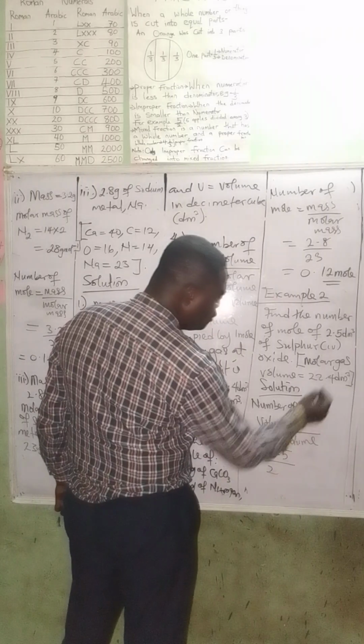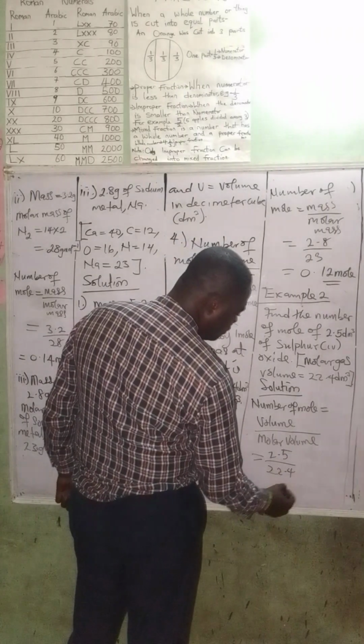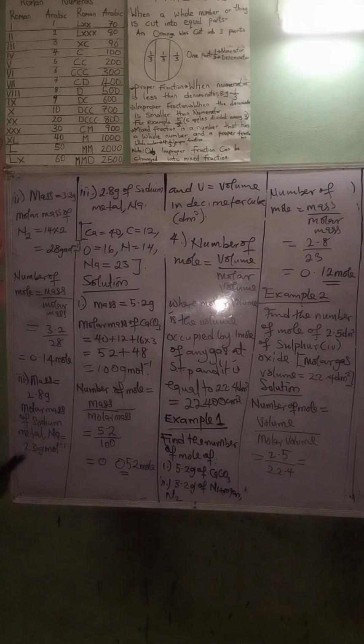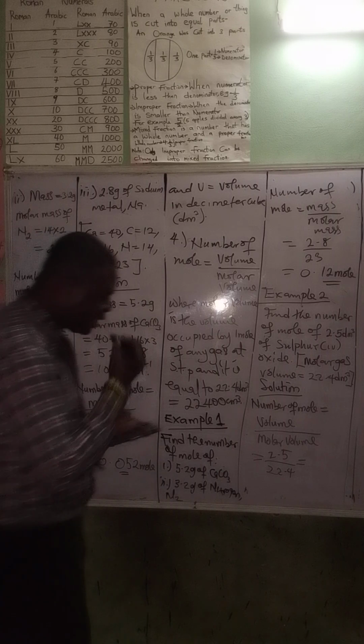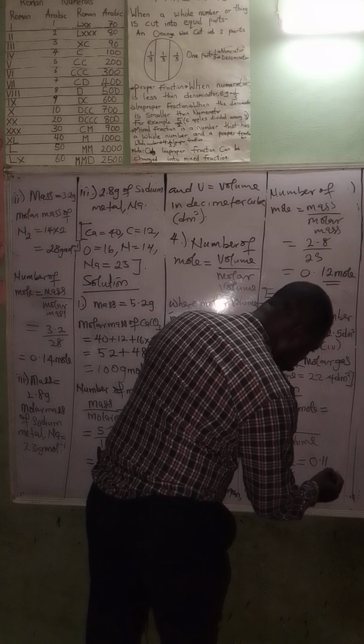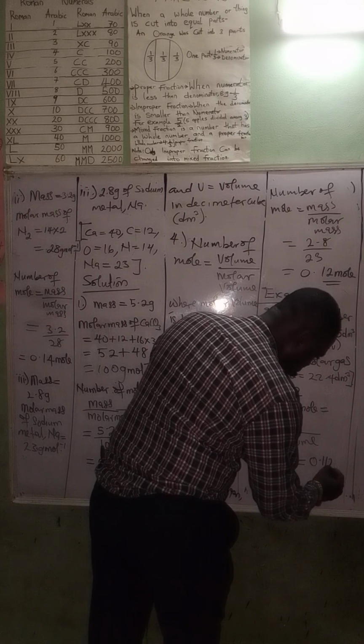Molar volume has been given to be 22.4. And our answer is going to be 2.5 divided by 22.4. Answer is 0.1112 mole.